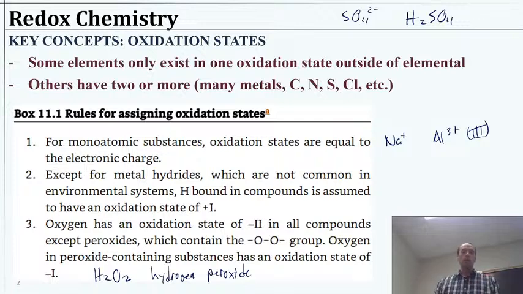So, whereas water has a +1 for the hydrogens and a 2- for the oxygen, hydrogen peroxide now has +1 for the hydrogens and a -1 for each oxygen, making it neutral, right? So if you ever see anything that says peroxy or peroxide or whatever, you can recognize this is referring to a scenario where the oxygen is in a -1 state.